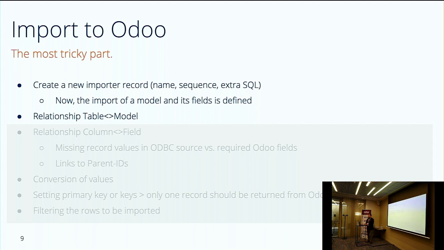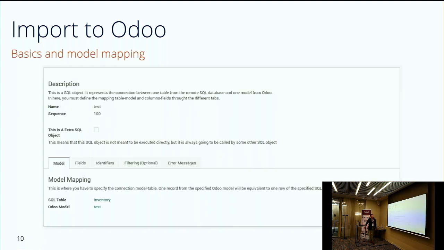So the sequence is setting this priority. And you can also define an extra SQL, meaning you have a database which is not existing in Odoo, but you import the values from there. And as you can see here, already marked and not in gray, you set the relationship of the table to the model.